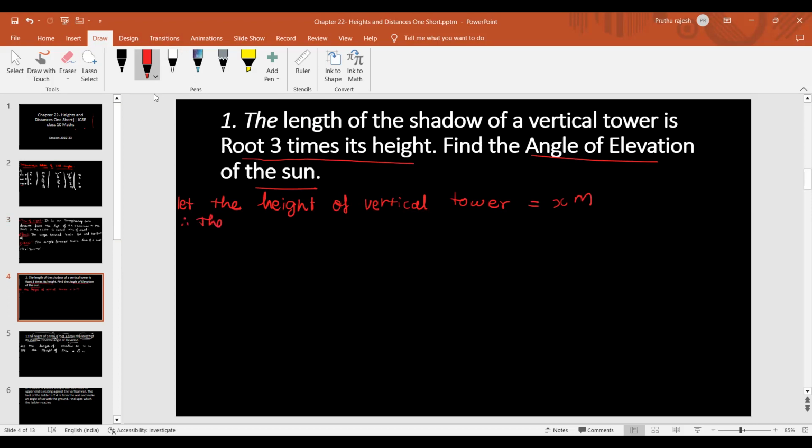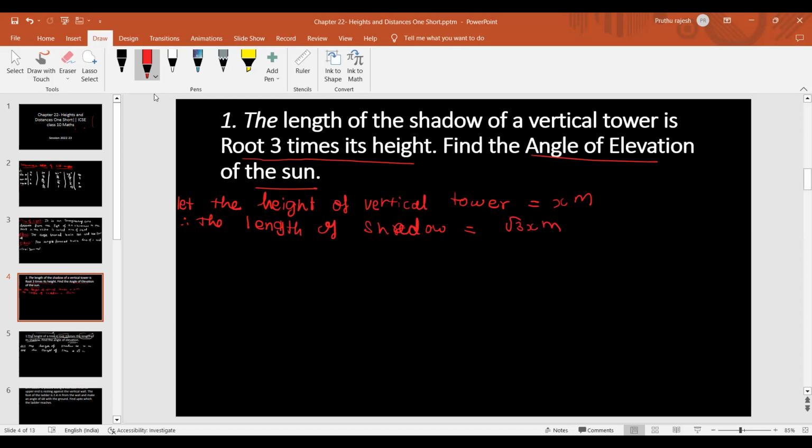And then we also assume the length of the shadow is equal to root 3 times x meters. In this case, we have to find the angle of elevation.